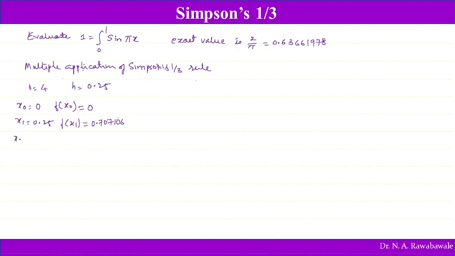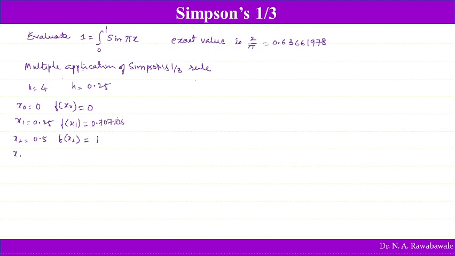Then x2 is equal to 0.5, then f of x2. This is nothing but in place of x, 0.5. 0.5 into pi means pi divided by 2. Sin 90, the value becomes 1. So this is 1.